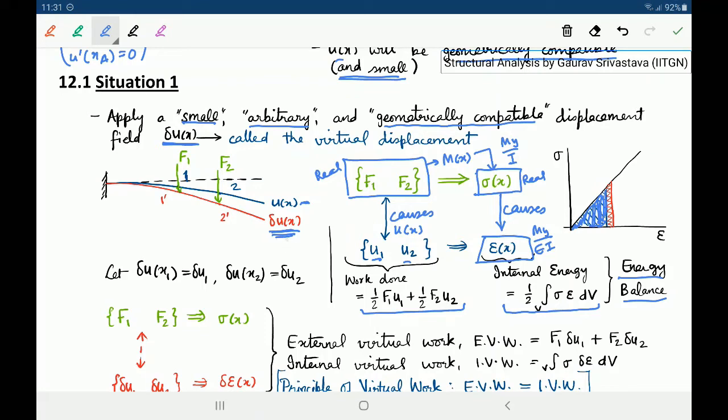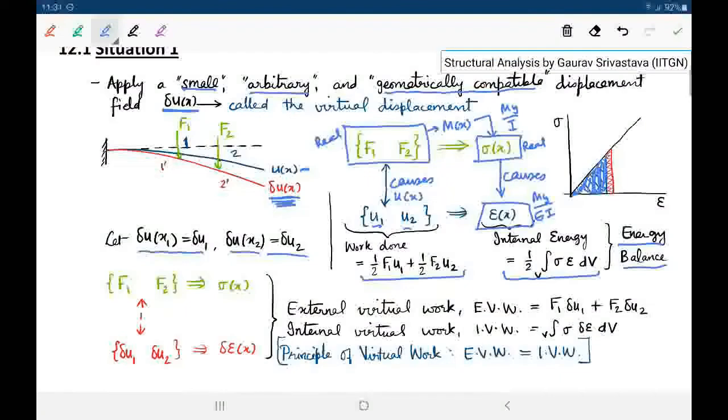Now this arbitrary new displacement field, let's say that this is delta u1 at point 1 and delta u2 at point 2. Now if we consider the force field remains the same, F1 F2 remains in equilibrium, that causes the same stress. So this is still the real force field and real stress field.